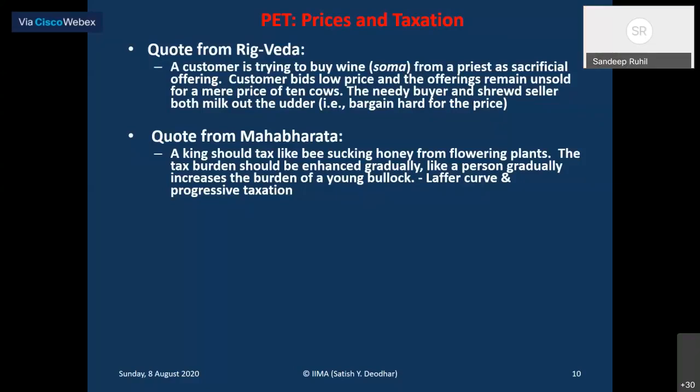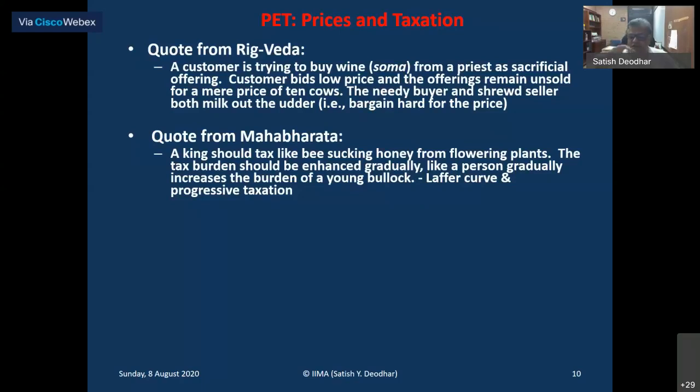And this is what is probably happening in taxation also. Government taxes people, right? And that tax revenue is used for further production or for public goods in the following years. And how much should be the taxation? You should not disturb the health of the firm. Don't tax too much. If you tax too much, then the bloom of the flower is gone. That's the idea being conveyed here.